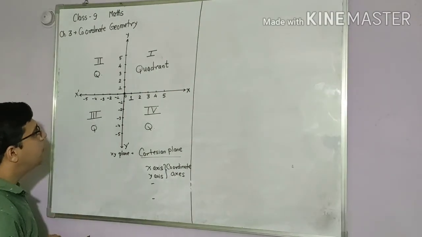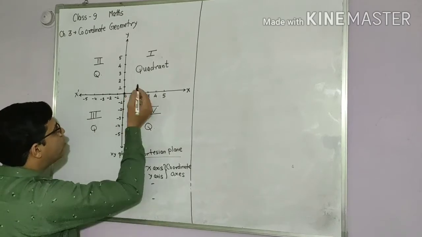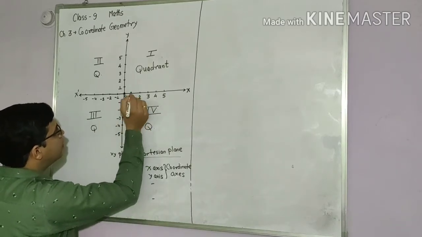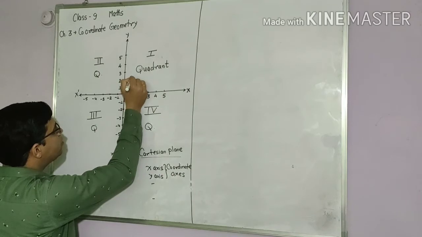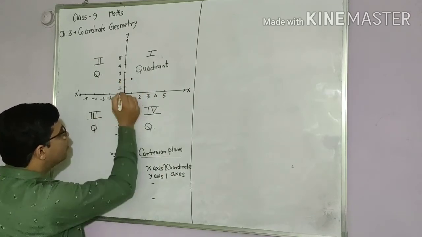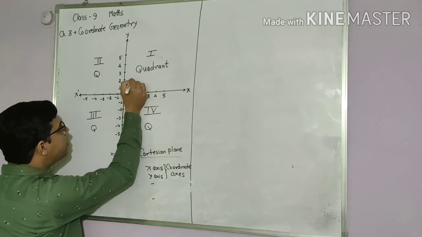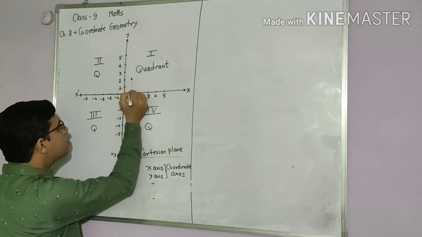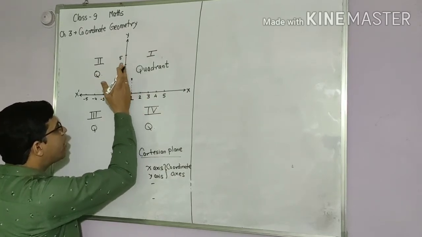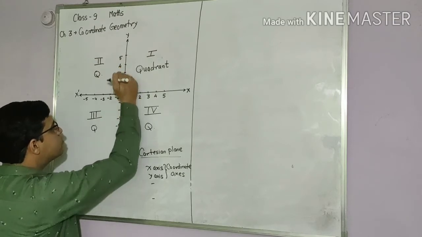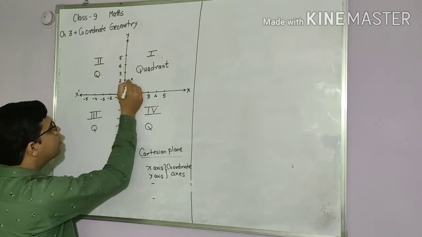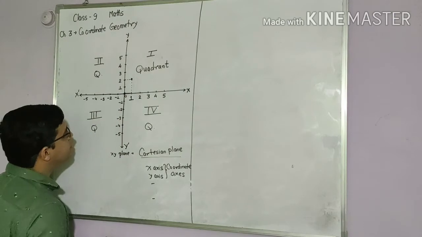Now, if I locate any point, suppose I am using this point. This point is at a distance of 1 unit from y-axis and at a distance of 2 units from x-axis.